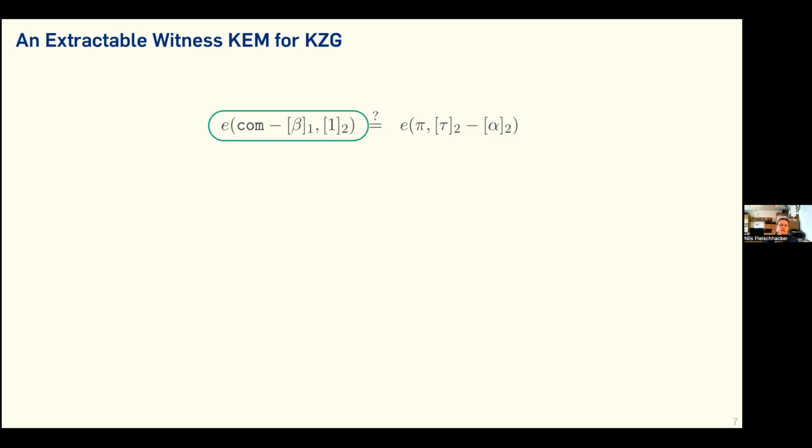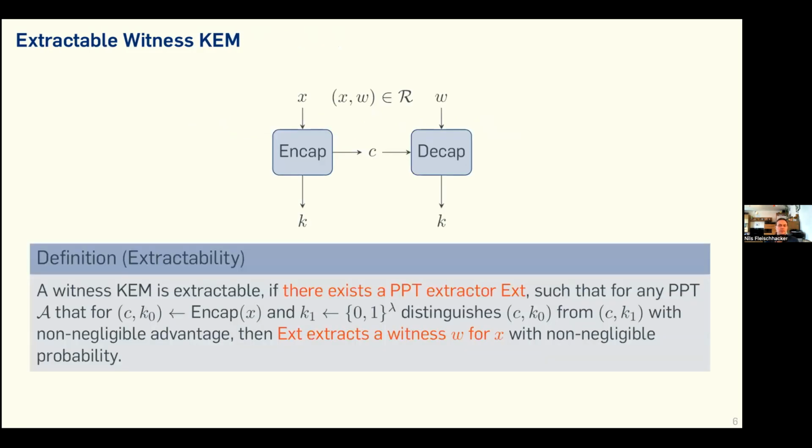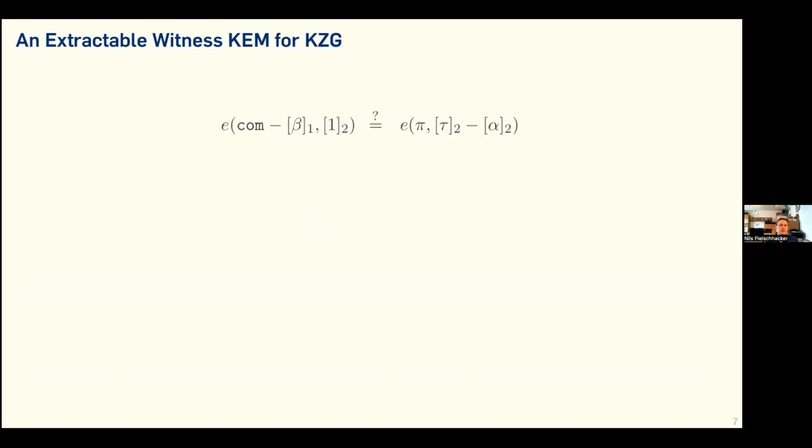The commitment and beta are part of the statement. If we look at the definition, the encapsulation algorithm gets the statement as input. So the encapsulation algorithm can actually compute the left-hand side of this verification equation. On the right-hand side, if you want to compute it exactly as stated there, you would need the opening, or the proof pi.